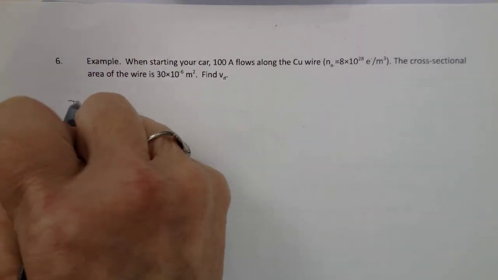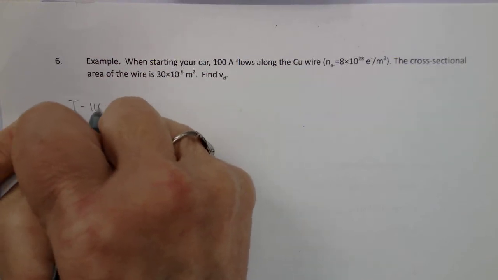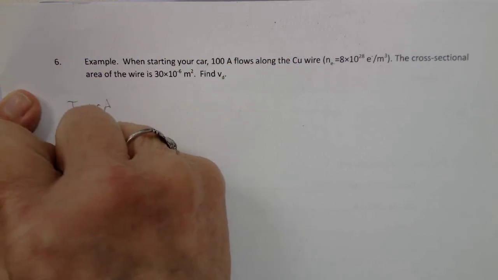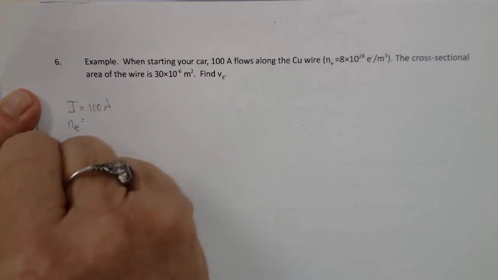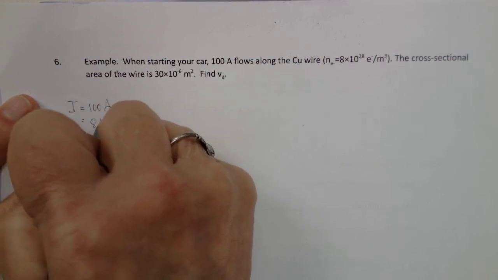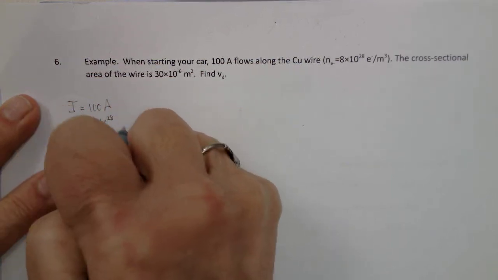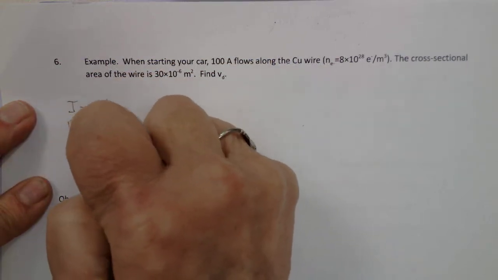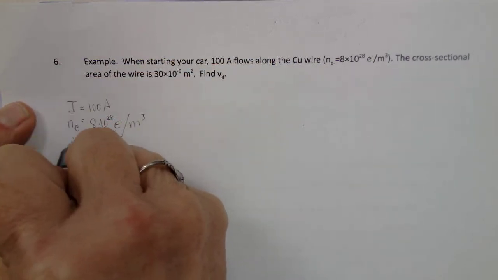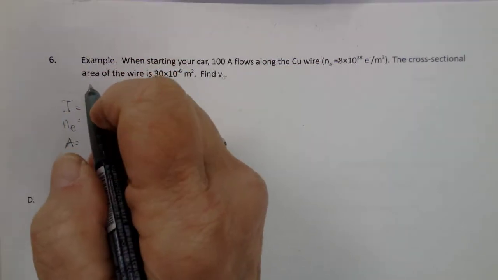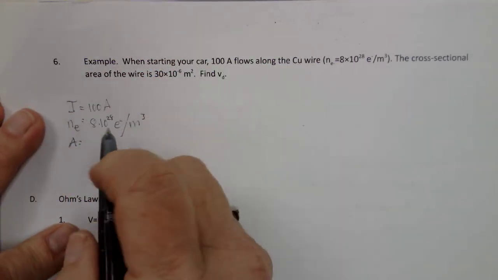I know that the current is 100 amps. I also know that my free electron density is 8 times 10 to the 28th electrons per meter cubed. And my area, they figured that out for you, which was kind of nice. I didn't tell you the diameter and have you figure out the area.